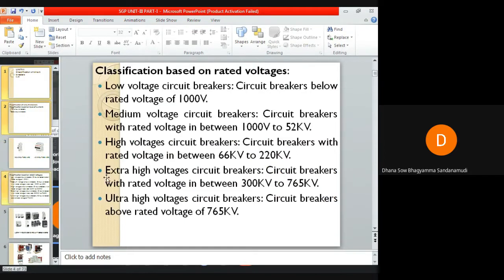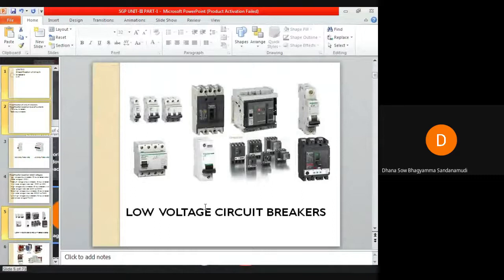Then further, circuit breakers can be classified based on the rated voltage. If the circuit breaker's rating is below 1000 volts, they are classified as low voltage circuit breakers.